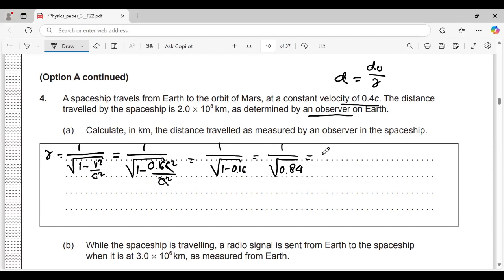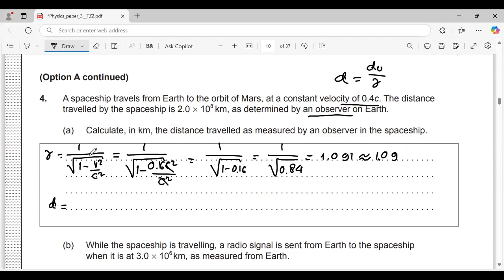And if you calculate, the result is 1.091. Round off to 1.09. Okay.